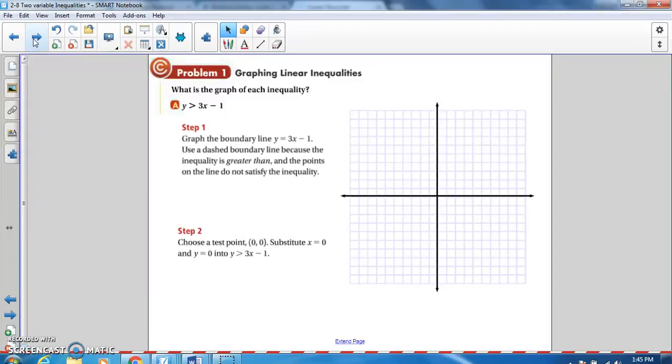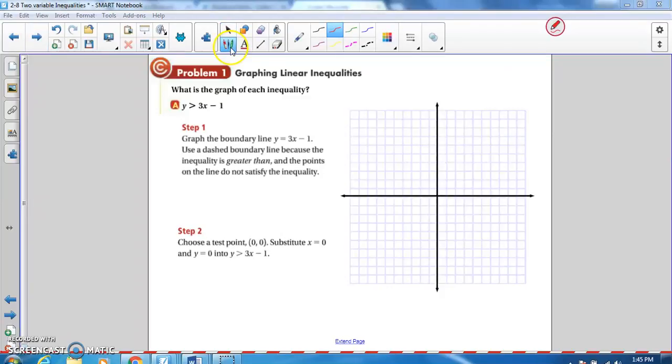So, we're going to take y is greater than 3x minus 1, and we are going to graph this linear inequality. The first thing that we're going to do is graph the boundary line, y equals 3x minus 1.